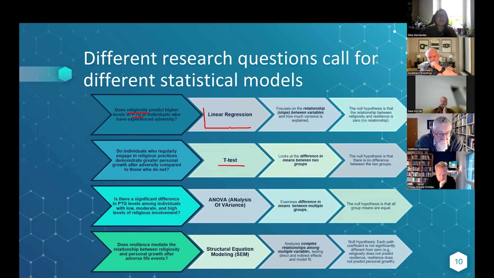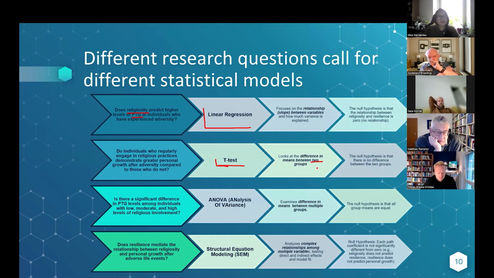This is how the statisticians make the difference between which models you should use. So t-test is looking at the difference in the means between 2 groups, only 2 groups. What if you had more groups? For example, let's say you are testing religiousness in different levels. For example, low religiousness, moderate religiousness, and high levels of religiousness.